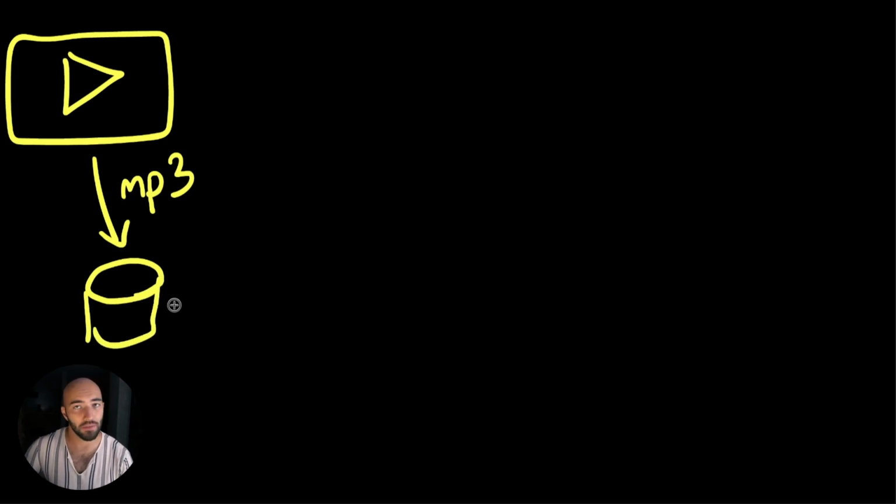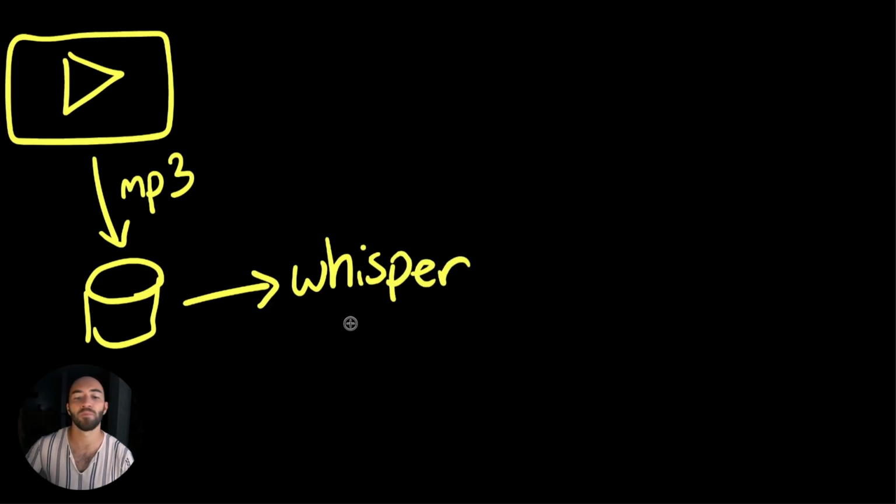And once we have those, we want to use OpenAI's Whisper. I don't know if they have a logo, but we'll just go Whisper to create text from that. So we have all this text, and what is pretty cool with OpenAI's Whisper is that it will also include the timestamps where it found that particular text.